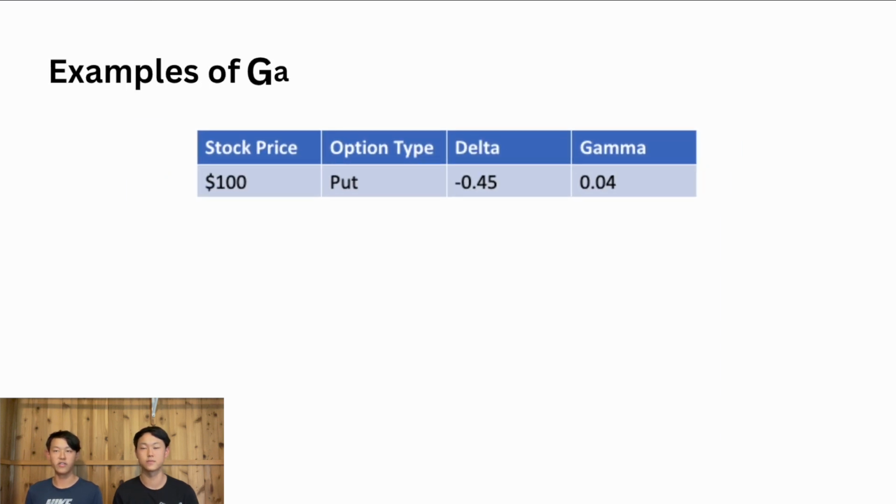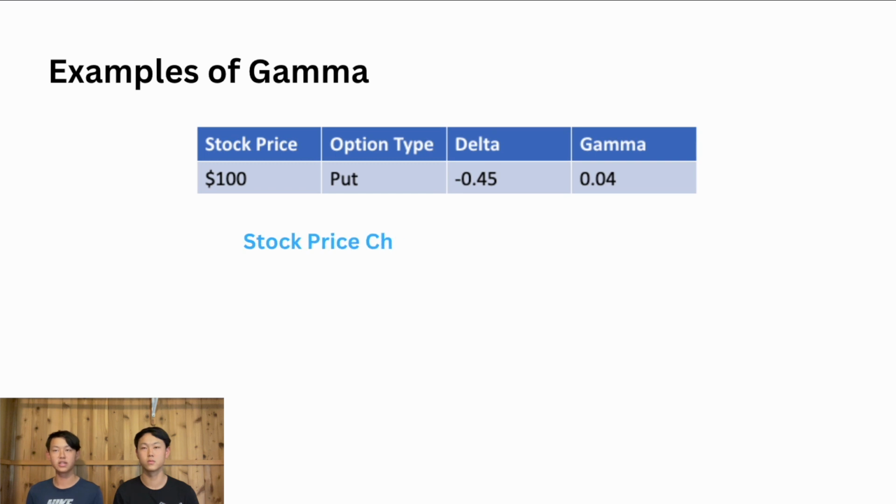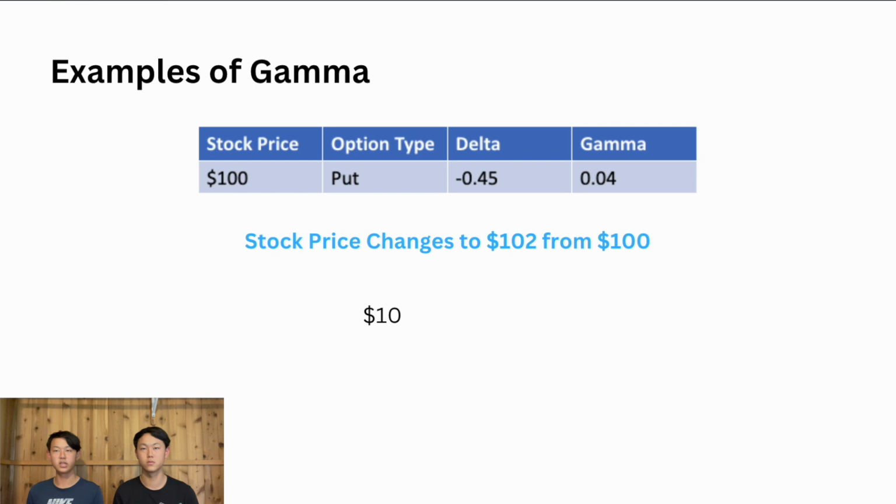Now, let's look at the effect of gamma on delta. Here we have a put with a delta of -0.45 and a gamma of 0.04. Stock XYZ is currently trading at $100. Assuming the XYZ moves to $102, what will the new delta be? To calculate this, first we have to find the difference in stock price. Since XYZ moved to 102 from 100, the change is positive 2.